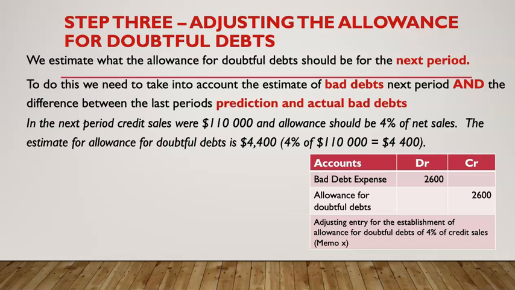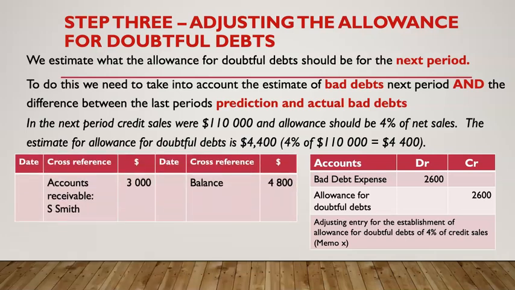We need to look at the difference between last period's prediction and what actually happened. If we think about what actually happened last period, and this is what my ledger would look like for allowance for doubtful debts, I predicted there would be $4,800 of bad debts. There was only, if we assume Sam Smith was the only one, $3,000 of bad debts. So what have we actually done? We've overestimated how many customers wouldn't pay us back.